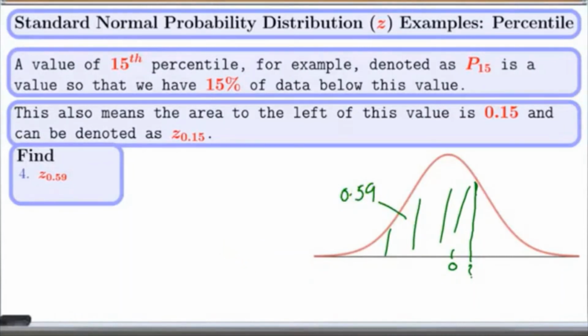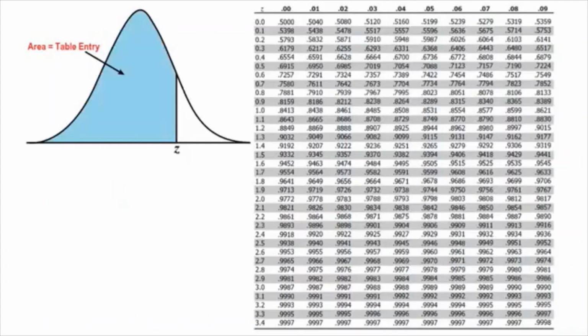Now we are ready to use the table. So let me pull up my table on the screen. So we will try to find 0.59 among these tiny 4 decimal place numbers. So the value closest to 0.59 that I can find on this table is this one here, 0.5910, and its corresponding z-score is 0.23.